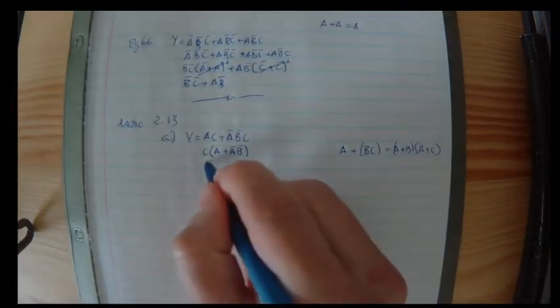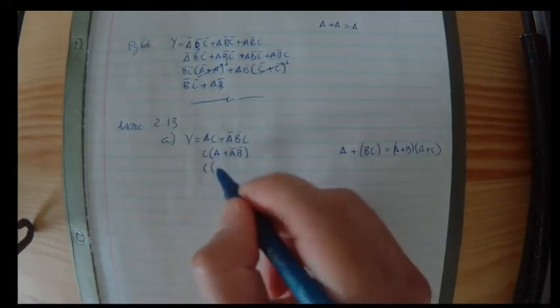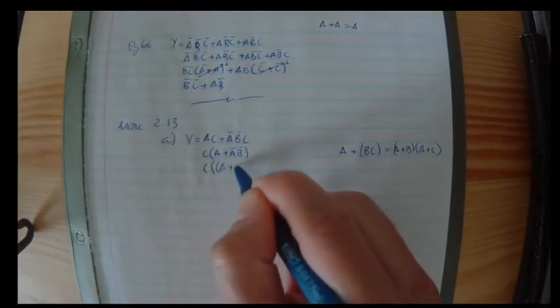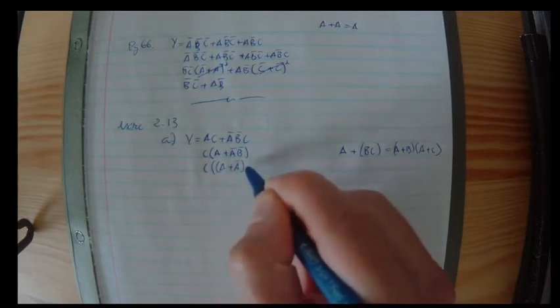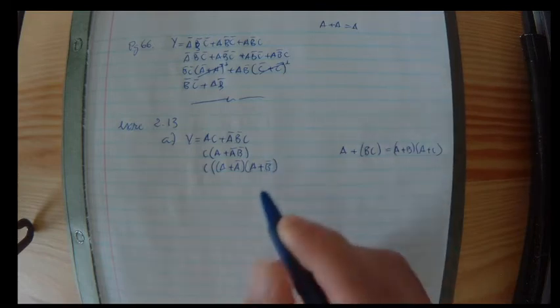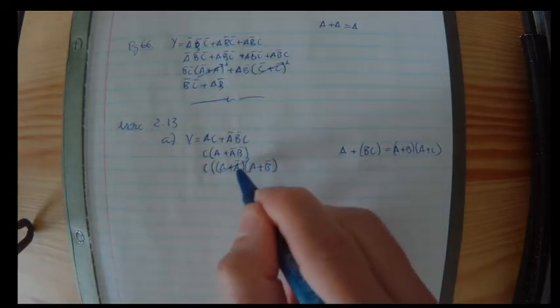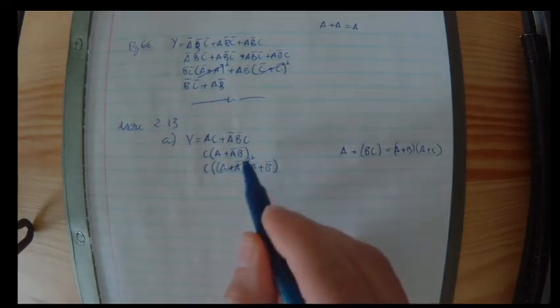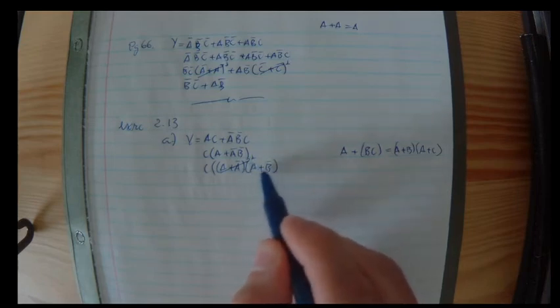Inside the parentheses, we're going to have A or complement of A, and A or complement of B. And this one here, A or complement of A, is 1, and 1 and anything is that thing.